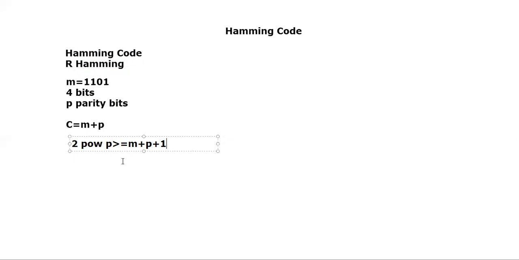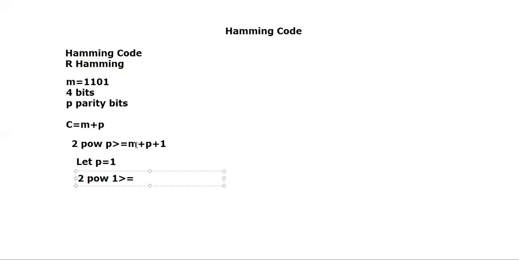Now what I will do is use a trial and error method, substituting the value of p as 1 on both sides and making sure that 2 to the power of p is greater than or equal to m plus p plus 1. Let p equal 1 and substitute this on both sides. So 2 power 1 is greater than or equal to m plus p plus 1.